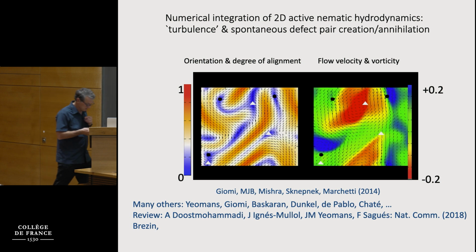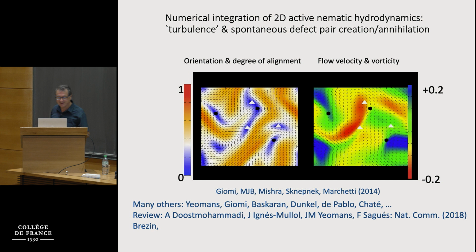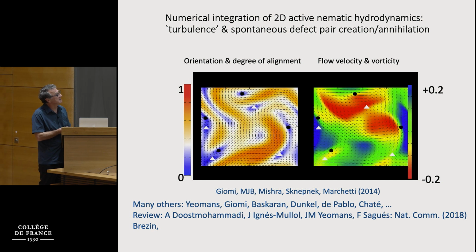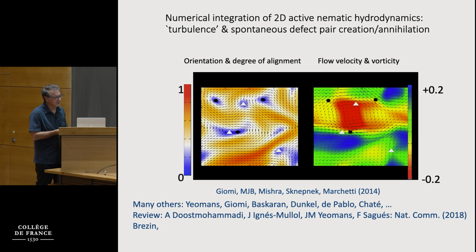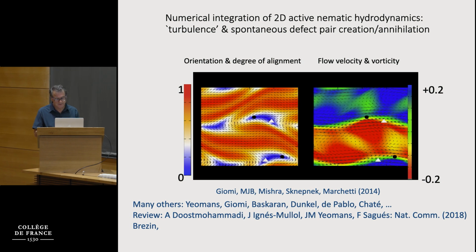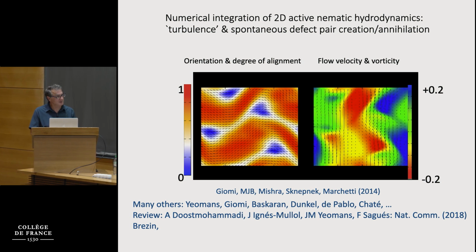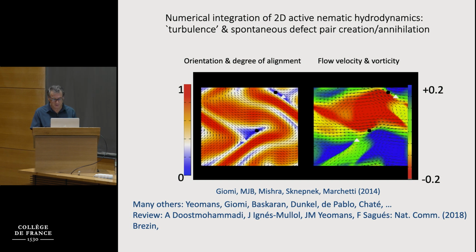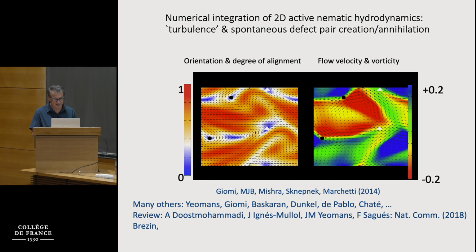Defects and defects. Well, I don't think you can do much better than that, and there's a lot of beautiful work in this direction. New things are still being found by people here.